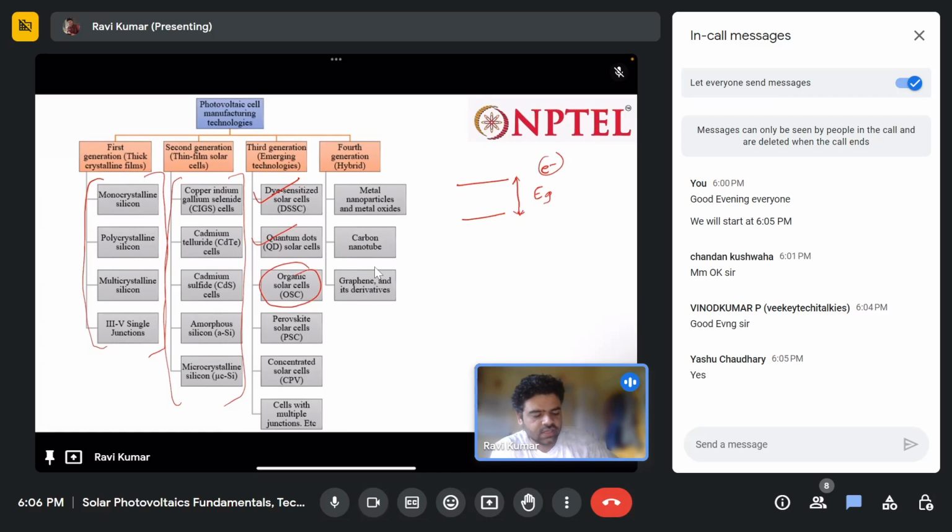So in the case of crystalline or thin film solar cells, we have valence band and conduction band. But in other things like DSSC, dye sensitized solar cell, we have that dye which generates electrons. And the same thing we will see, what is the reason for generation of these electron and hole pairs in organic solar cells.